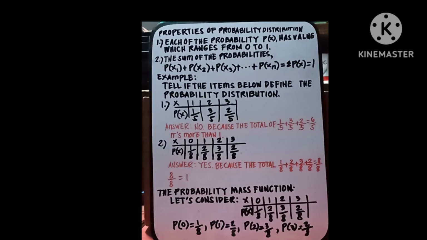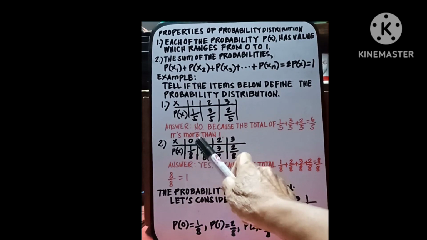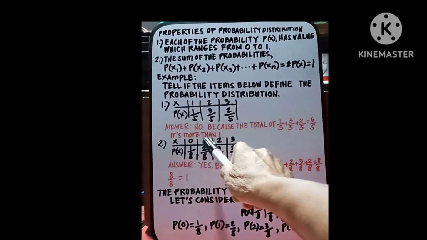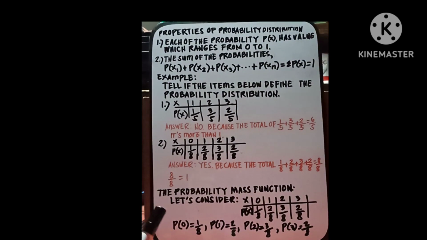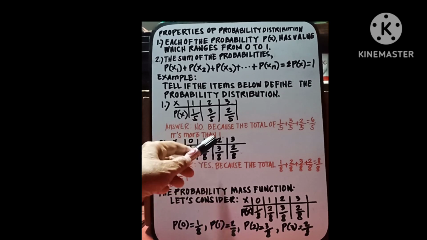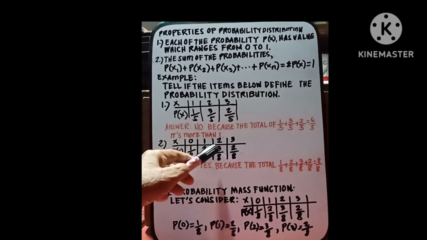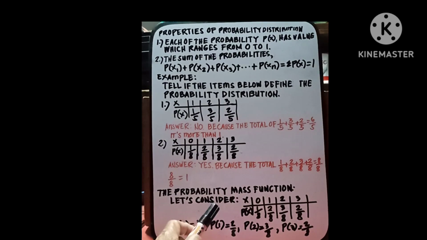Number 2, for x we have 0, 1, 2, and 3, and the corresponding probabilities are 1/8 for 0, 2/8 for 1, 3/8 for 2, and 2/8 for 3.